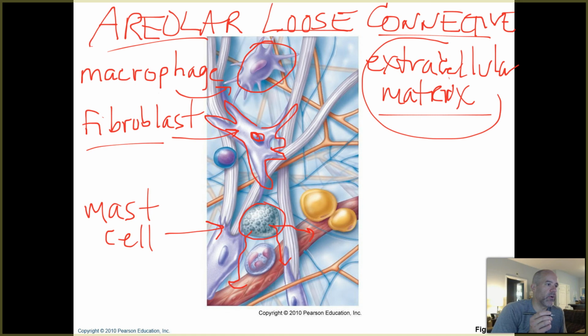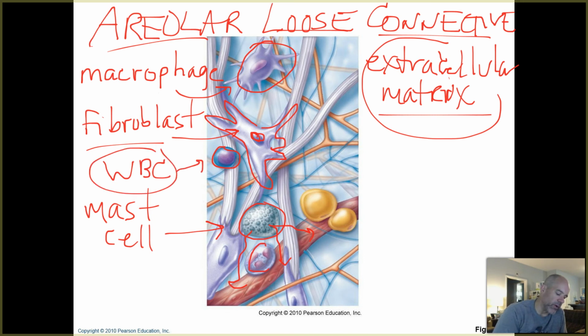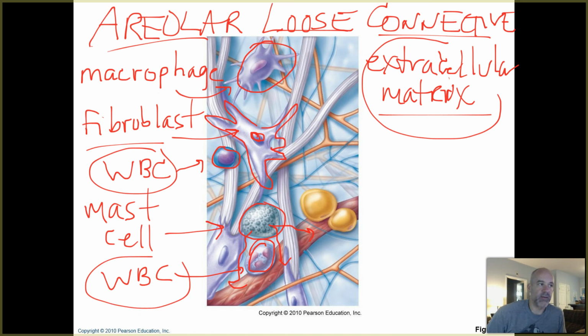Let's see, you've got some other cell types on here. This one is a lymphocyte. A lymphocyte is a type of white blood cell. We'll just call it a white blood cell for now. And this is a neutrophil over here, which is also another type of white blood cell. Those help you fight infections. So if you had an infection in this particular tissue, the mast cells would send chemical signals into the blood to recruit those white blood cells to come in and help you fight an infection that might be going on in this particular tissue.